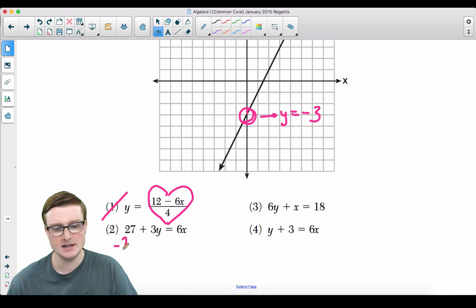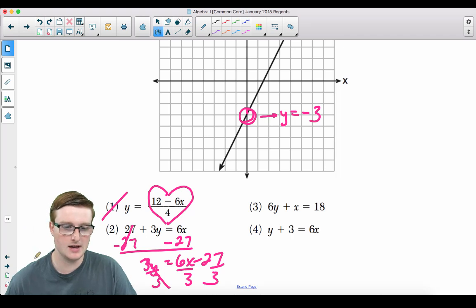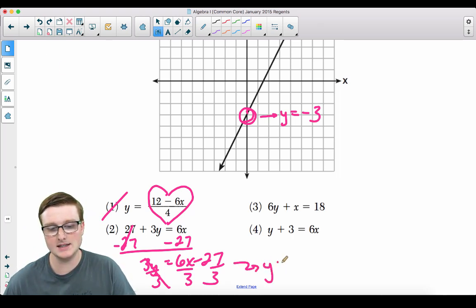This one over here, if you subtract the 27, well, we're off to a good start already. It's negative. But then if you divide by 3, you get y is equal to 2x minus 9.